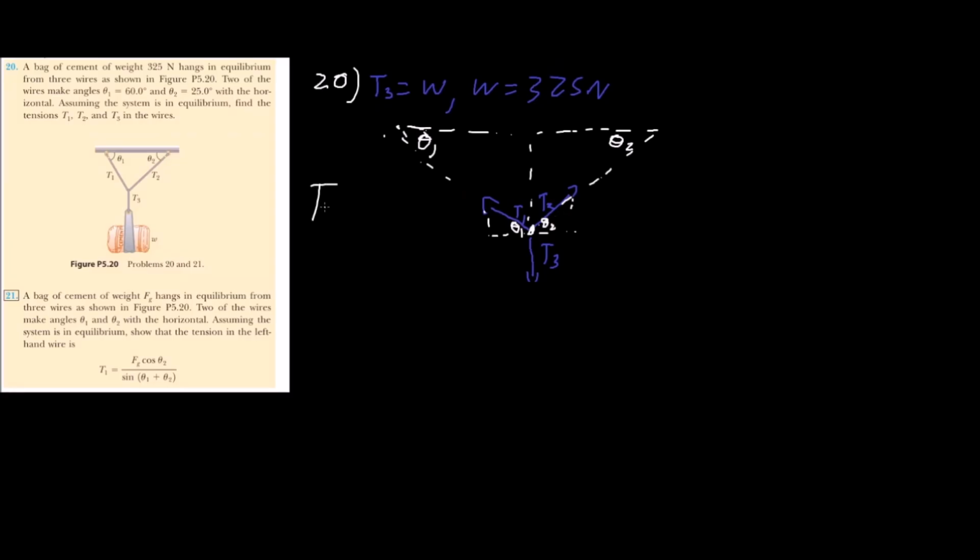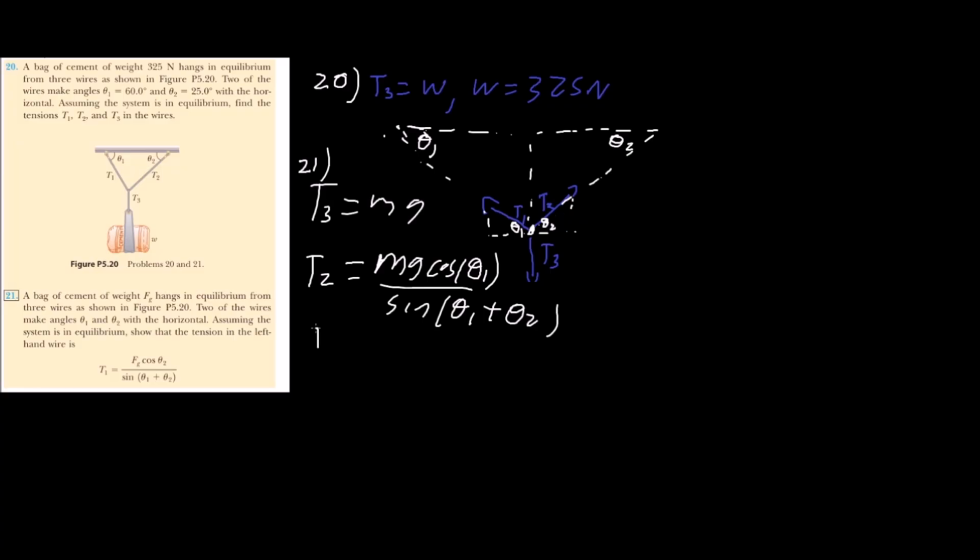According to this, T3 is going to be the weight, mg. T2 is going to be, I guess this is going to be number 21 here, mg times cosine of theta 1 over the sine of theta 1 plus theta 2.